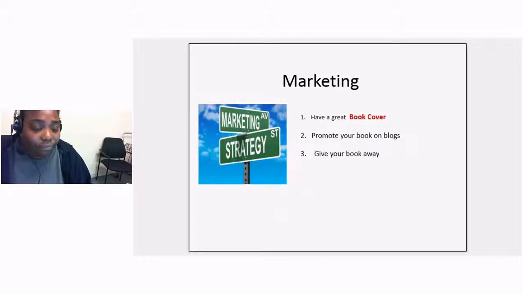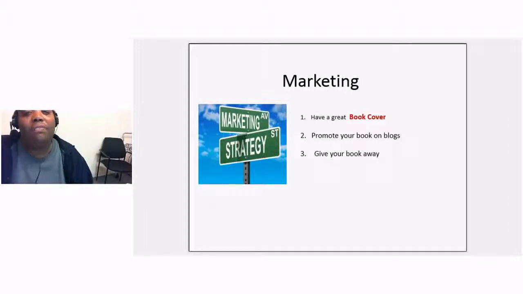Marketing. I just want to say quick 3 things about marketing. 1, have a great book cover. A book cover will sell more books than anything. If you have an engaging book cover and it's clear as to telling the reader what the book is about, if it's exciting, you're going to generate a lot of sales. 2, promote your books on blogs. If your subject is science, then you want to go to science blogs.